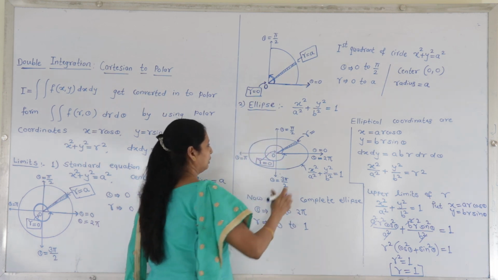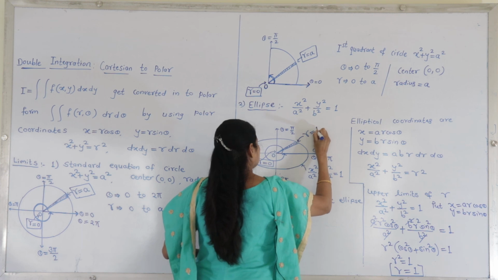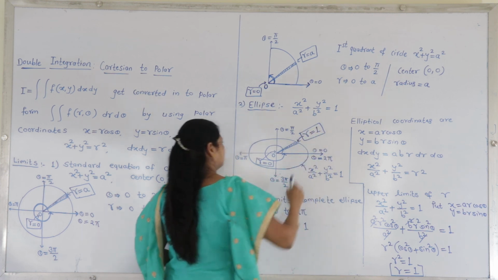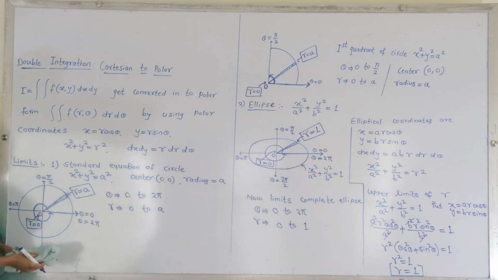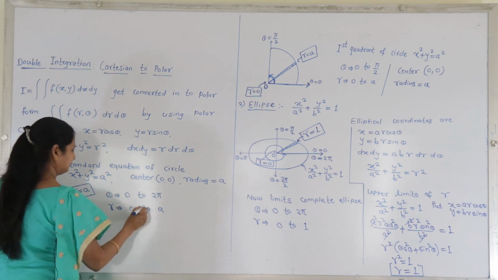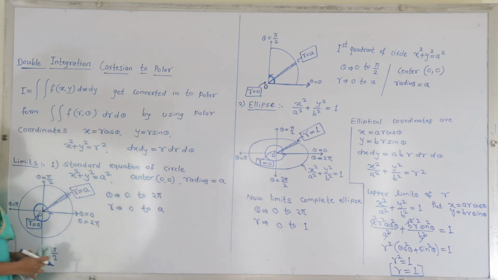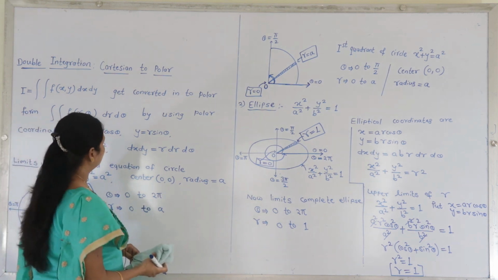Therefore the upper limit of r is 1 in an ellipse. In a circle, the upper limit of r is the radius because it is already on the circle, r is equal to a. In this way we can find limits in polar form.